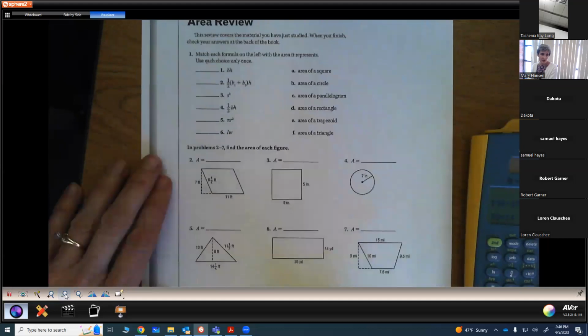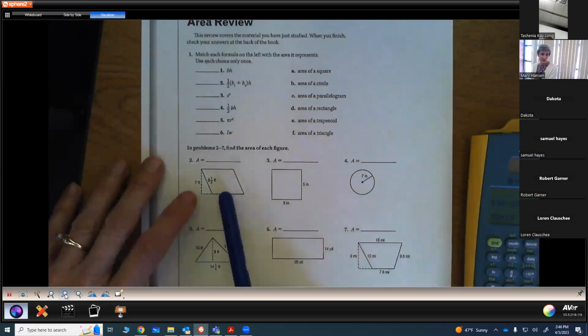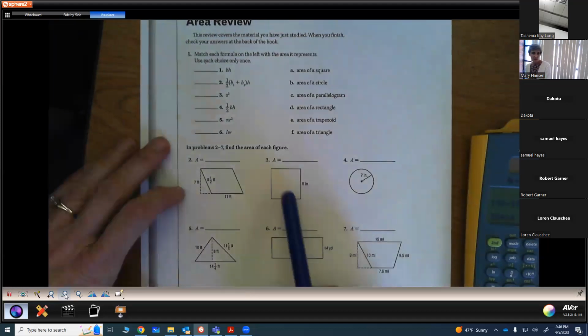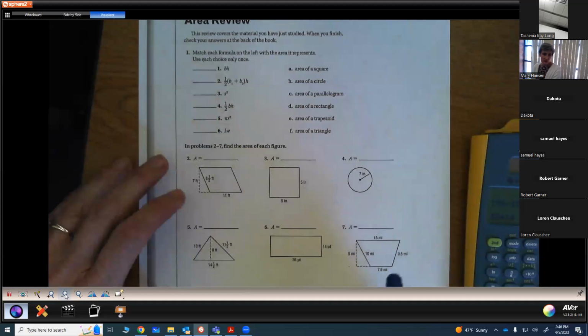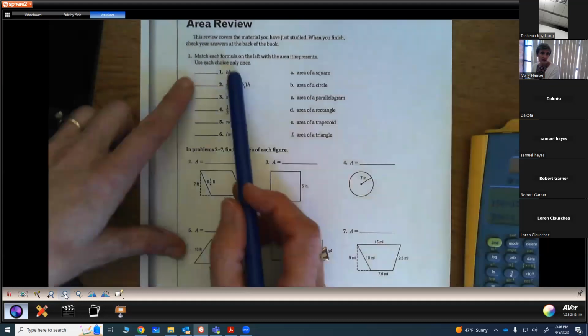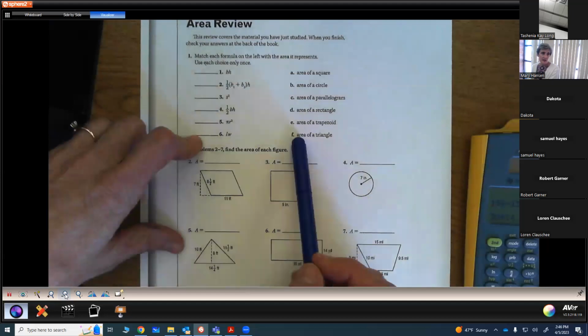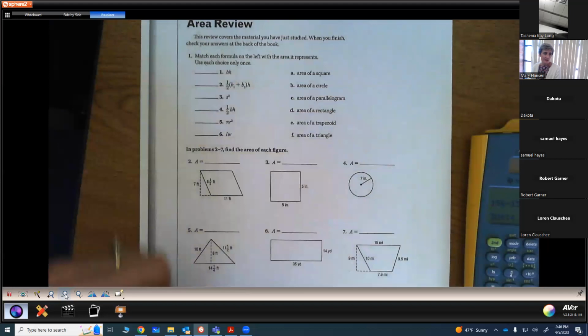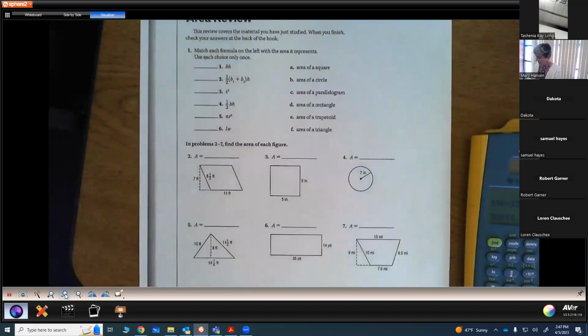So this will give us practice with just the shapes that we haven't seen much of in the real world. You tend to see more rectangles, triangles, circles than you do parallelograms. So take your formula sheet and match these up with the formulas that are listed, and then find the area of these shapes.